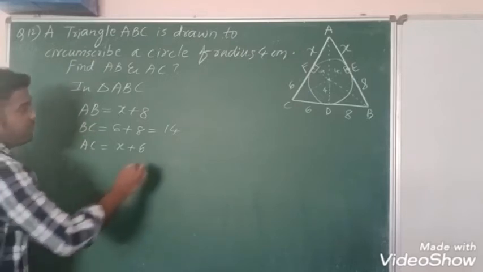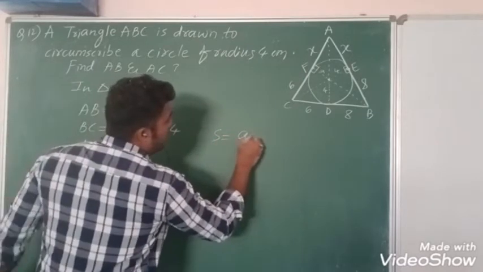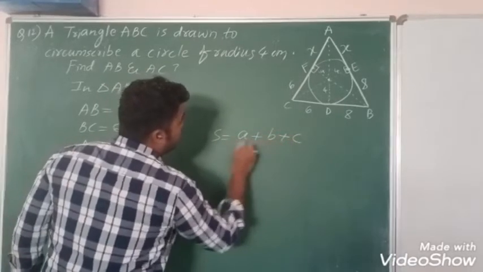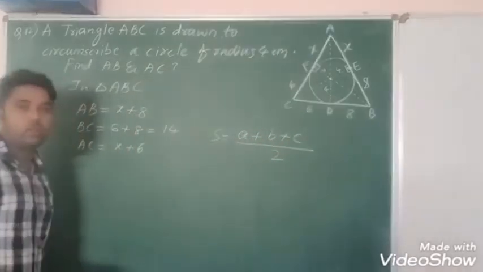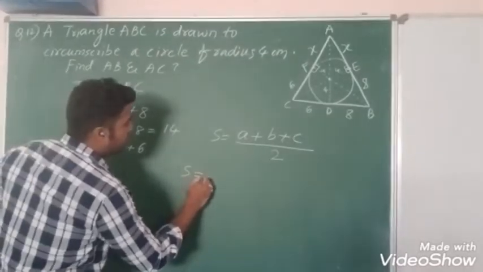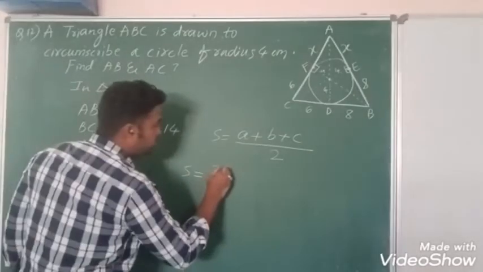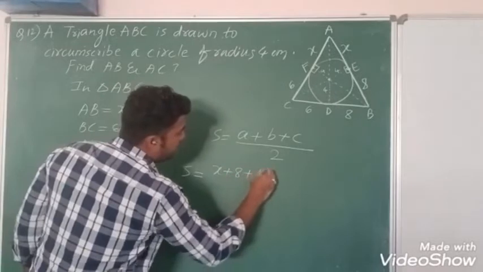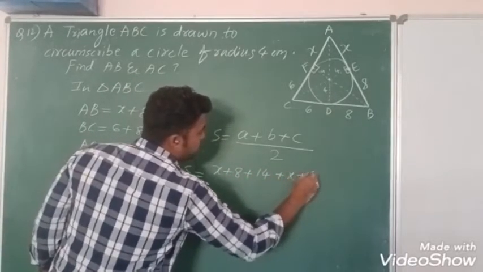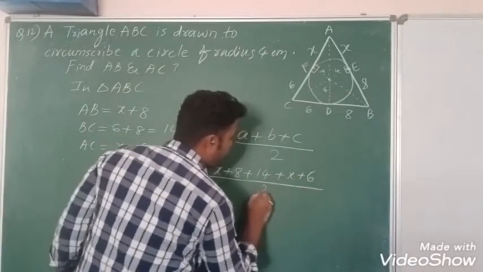After that, the semi-perimeter formula: S is equal to A plus B plus C divided by 2. This is from Heron's formula. S is equal to x plus 8 plus 14 plus x plus 6, divided by 2.